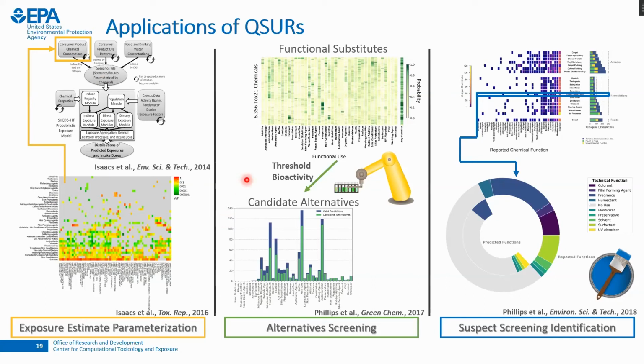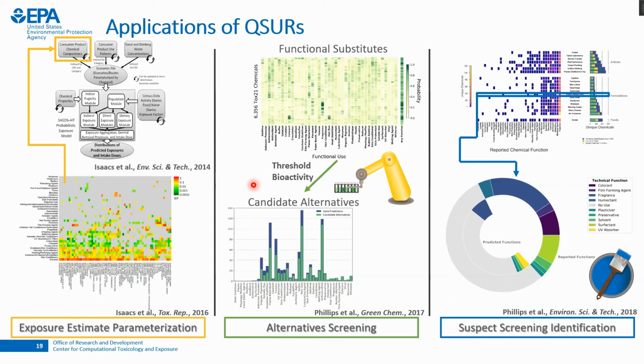We were also able to use our QSUR models to predict candidate alternatives. So we took the Tox21 assay information. For every chemical that had a structure in Tox21, we predicted any of the functional uses we were able to for it. And then we took that bioactivity information and we said, well, we know these chemicals in Tox21 have reported information that says these chemicals serve this functional role.